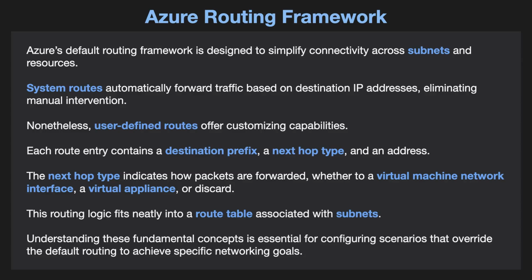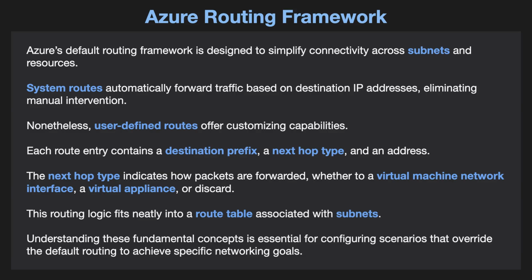Azure's default routing framework is designed to simplify connectivity across subnets and resources. System routes automatically forward traffic based on destination IP addresses, eliminating manual intervention. Nonetheless, user-defined routes offer customizing capabilities. Each route entry contains a destination prefix, a next hop type, and an address.